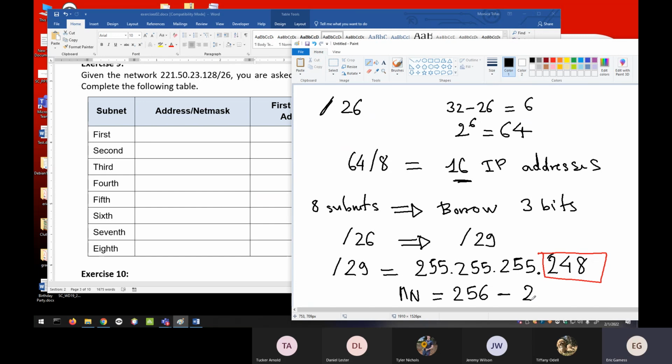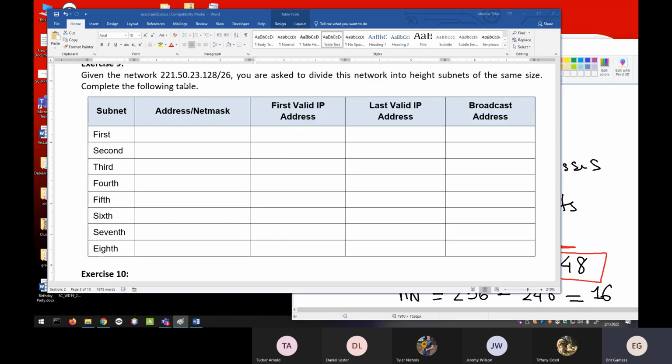So the magic number is 16 and it is in the 4th byte, which means that when I create my subnets, let me start with this and copy it here. And we know that we go to a /29. Let me copy this several times.